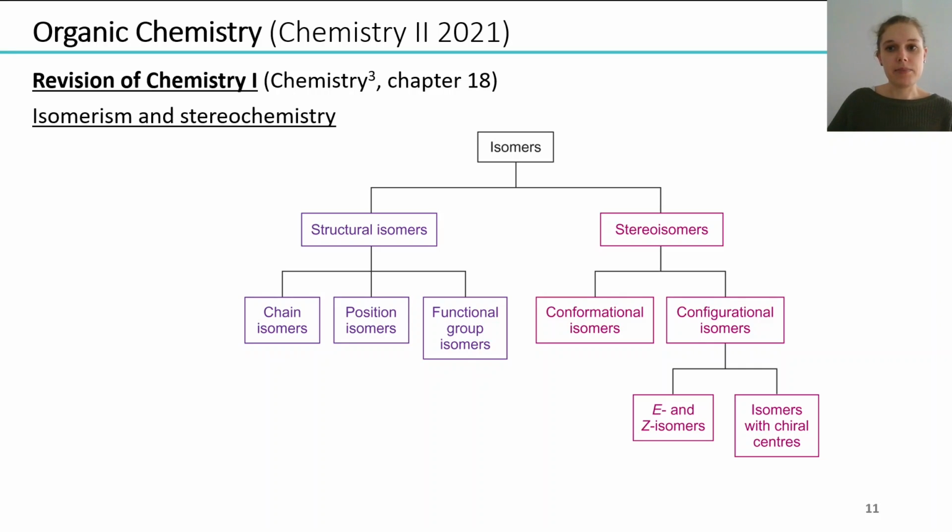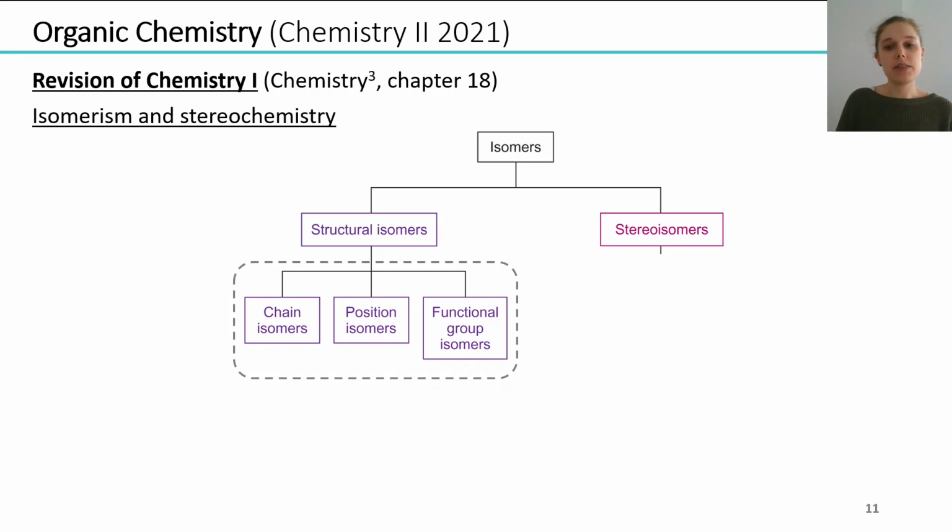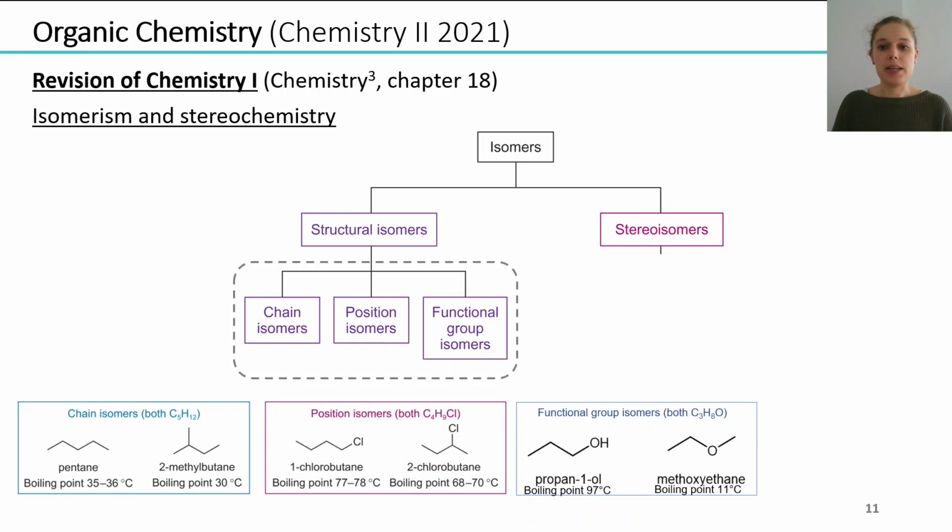If we now start with these three types, we will start with the definition for chain isomers. Chain isomers differentiate in the connection of the carbon chain, but they have the same molecular formula.